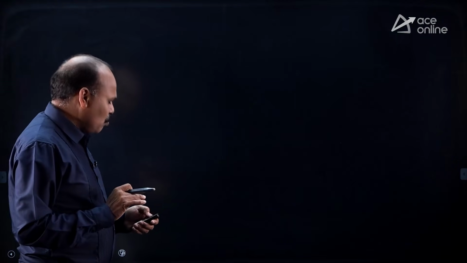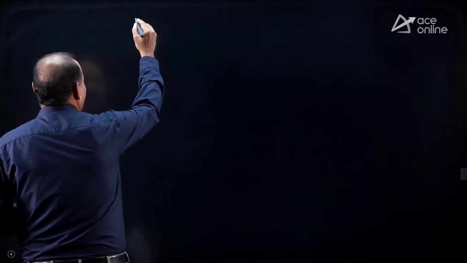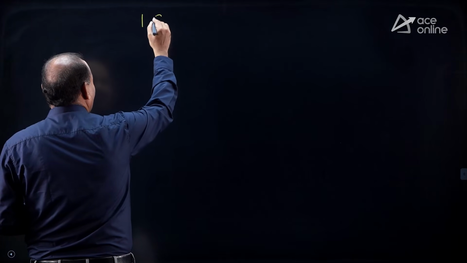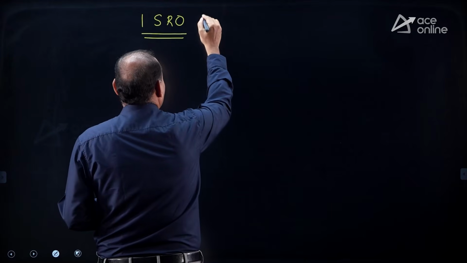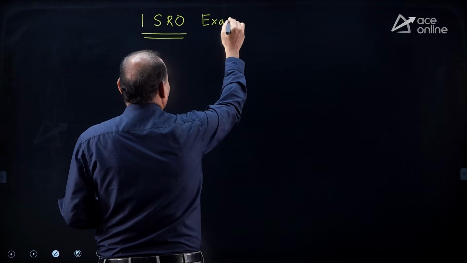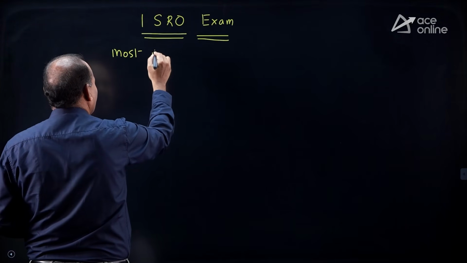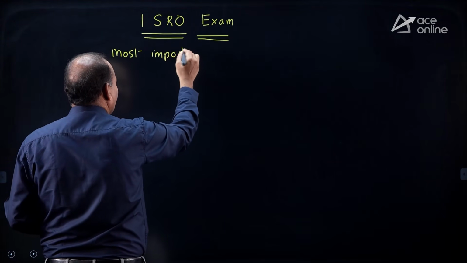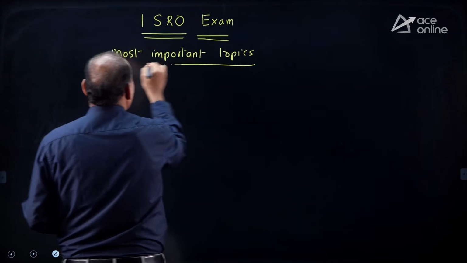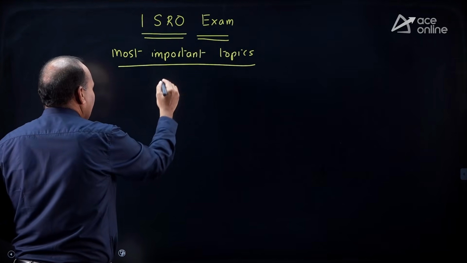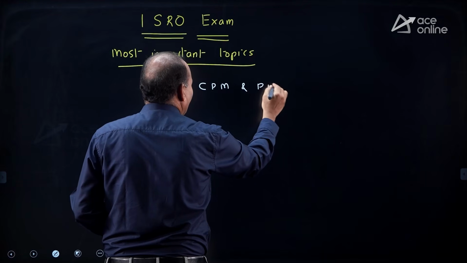Coming to the most important topics from the ISRO point of view. The first topic is CPM and PERT. Without fail, we have to complete this.